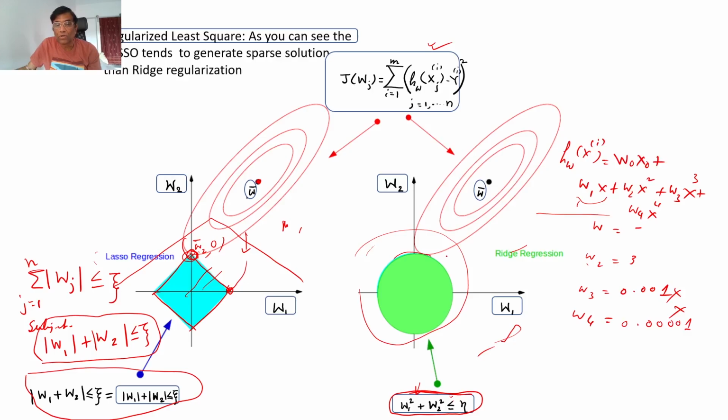Okay, so it is touching, this is the objective function, this is the constraint. So satisfying that constraint, the new optimum values will be this. Here, both W1 and W2 will always be there. And all the objective points will be lying here, not here or here. Okay. So that's the difference between Lasso and Ridge.